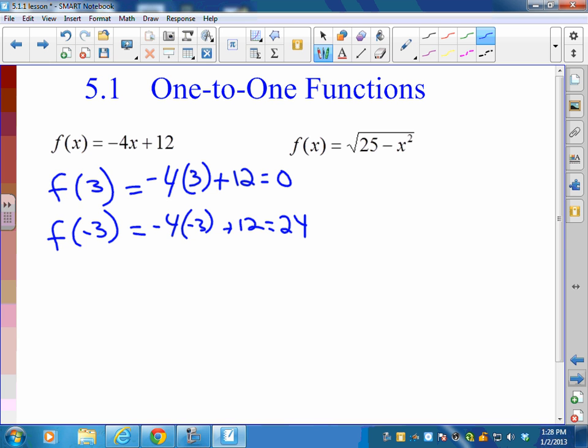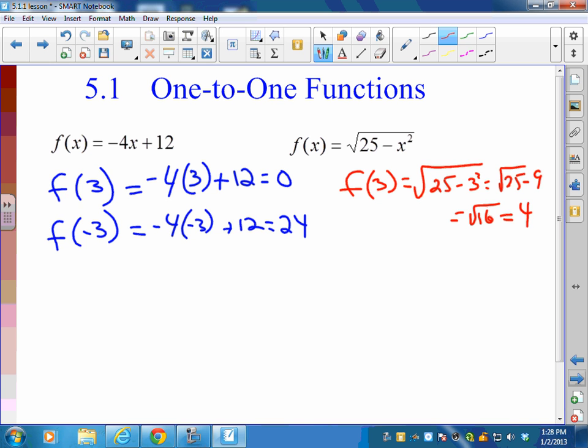Okay, so I use those same values of x over here in my other function. My function has the square root in it, and I get f of 3 equals the square root of 25 minus 3 squared, which is the square root of 25 minus 9, which equals the square root of 16, which equals 4.